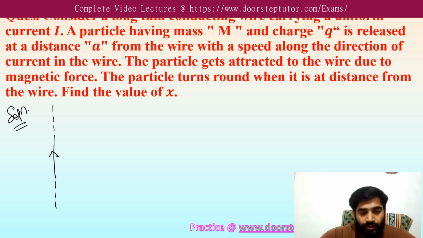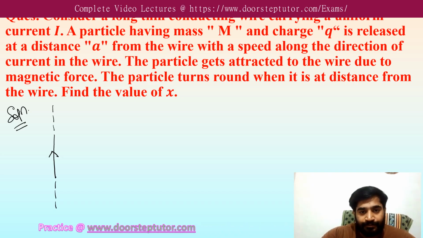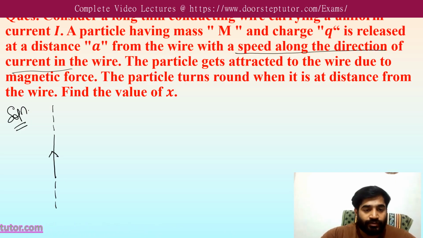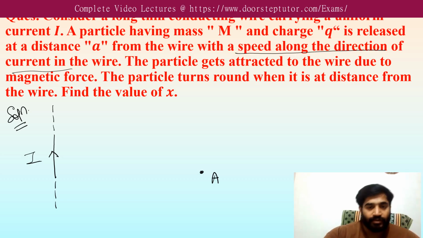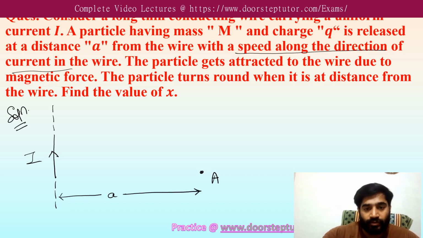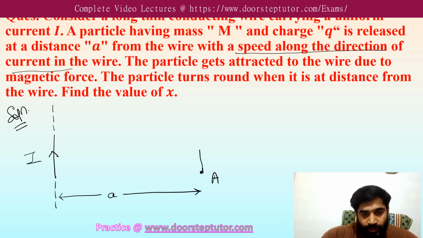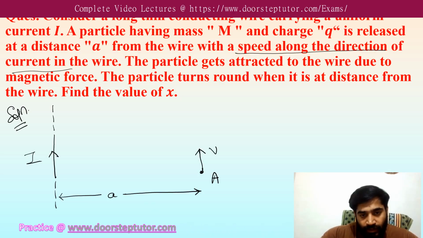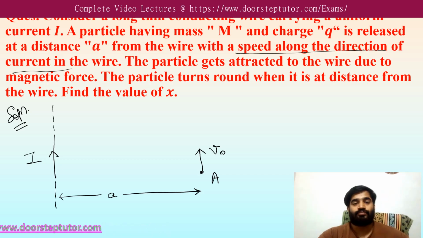So you can say this point A is at distance small a, and the speed is along the direction of the current. If the current direction is upward, the speed is also upward, say B naught.